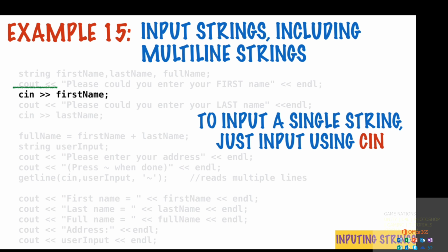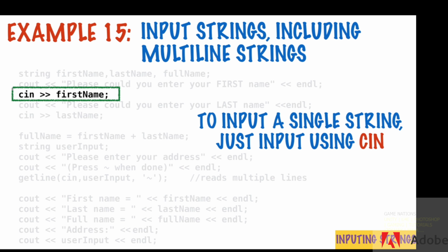So to input a single string, just use cin. You should be aware, however, that cin is not going to work correctly for strings which contain either embedded blanks such as spaces or tabs, or for multi-line strings.